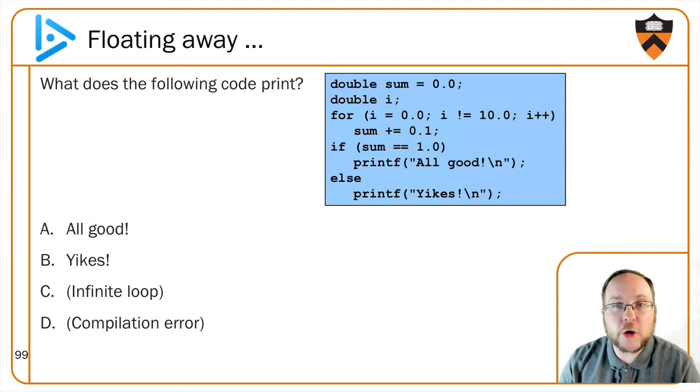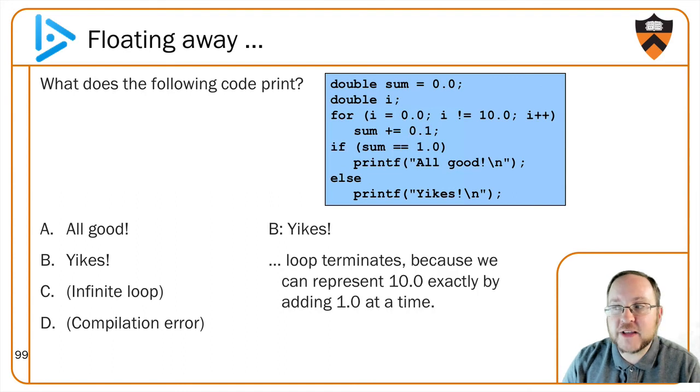So this is actually hard to say because we have two different things going on that unless you actually try it out or unless you know very deeply the standard, you can't really predict. We have a loop that's checking for equality, or rather inequality, with 10.0, and then we have a sum checking for equality with 1.0.